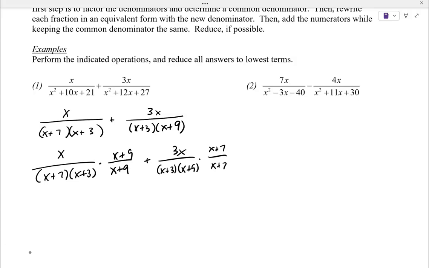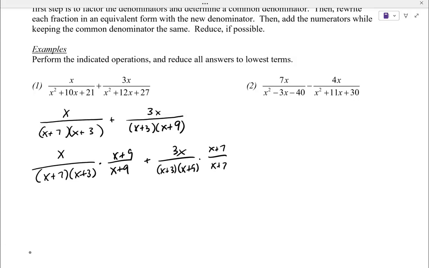So again, we're going to simplify this here in a second, but just to make sure that we're all on the same page. Why did we put an x plus 9 in here in the first one? Yeah, the second one had an x plus 9, right? We need a common denominator, right? The second one had x plus 9 in it, so the first one has to have x plus 9 in it. Why did we put an x plus 9 on top? What does this have to simplify to?